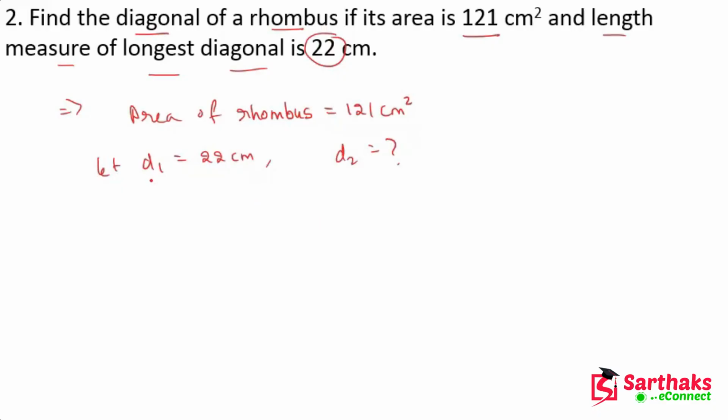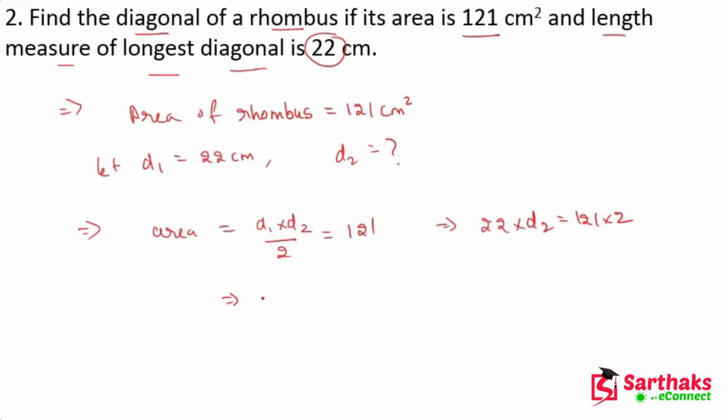We know that the area of a rhombus is d1 into d2 divided by 2, and this is equal to 121. Now 22 into d2 is equal to 121 into 2.